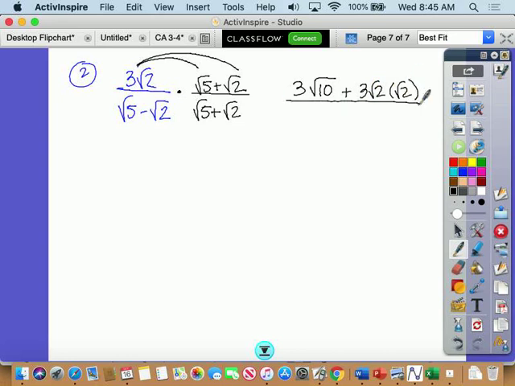What does that give you? 6. Okay, because square root of 2 times square root of 2 turns out to be 2. So our numerator is going to be 3 square root of 10 plus 6. I have to add a little extra simplification step here.